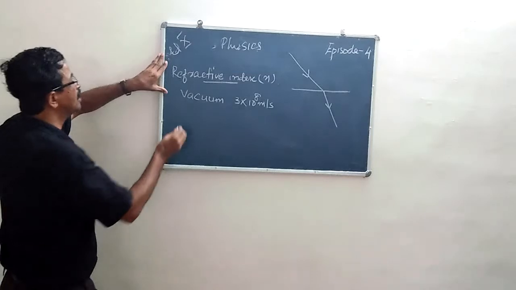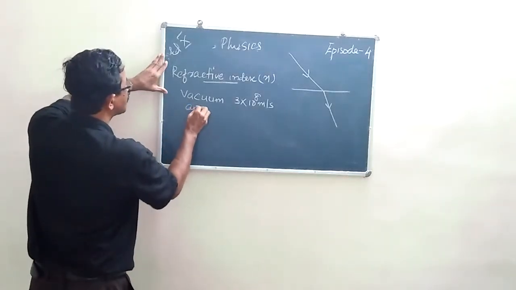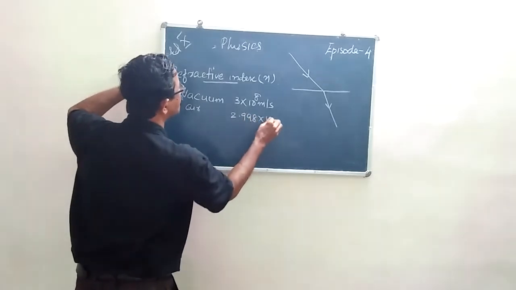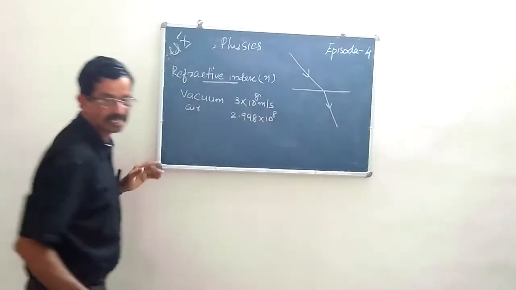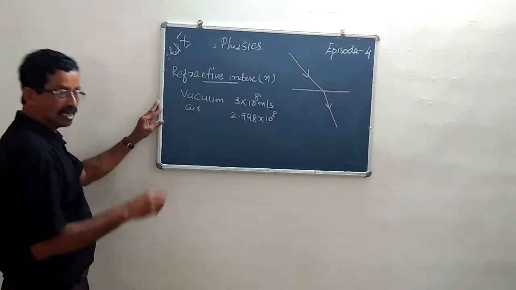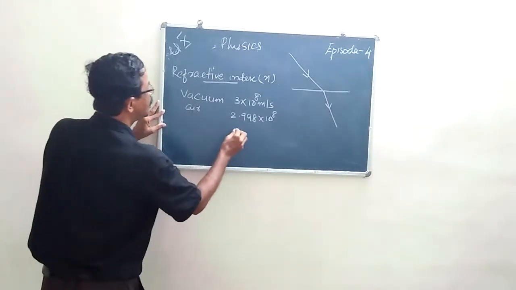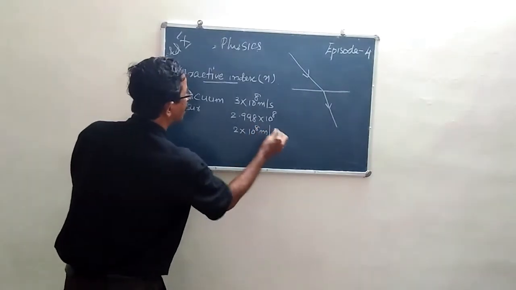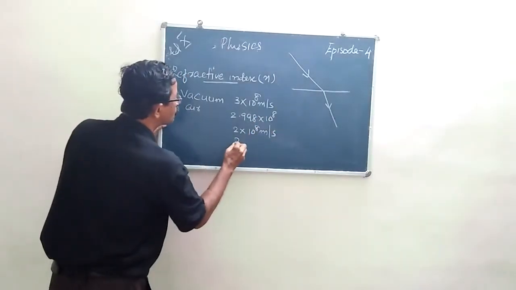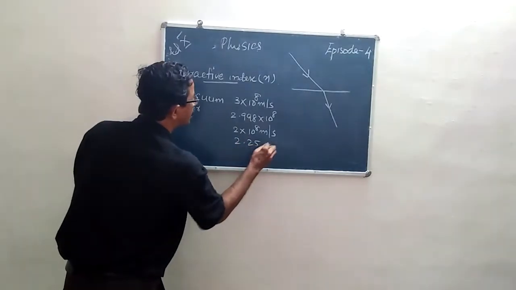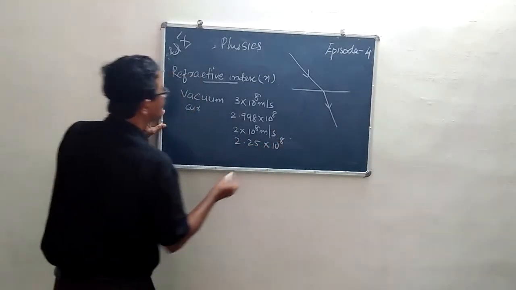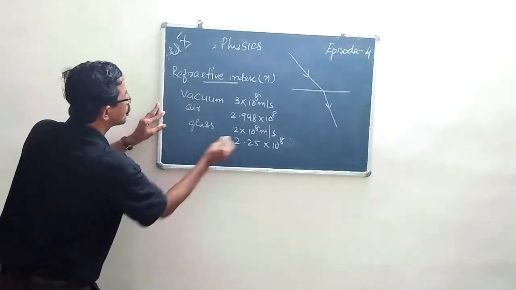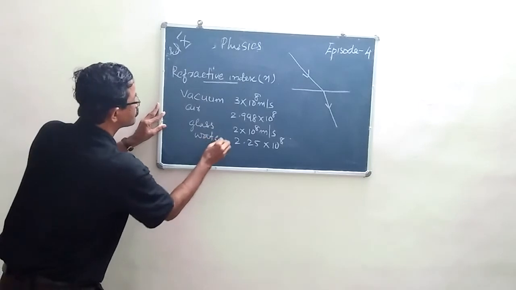In air, it is slightly less than this, approximately 2.998 into 10 raised to 8. For glass, it is 2 into 10 raised to 8 meter per second. And for water, it is 2.25 into 10 raised to 8 meter per second.